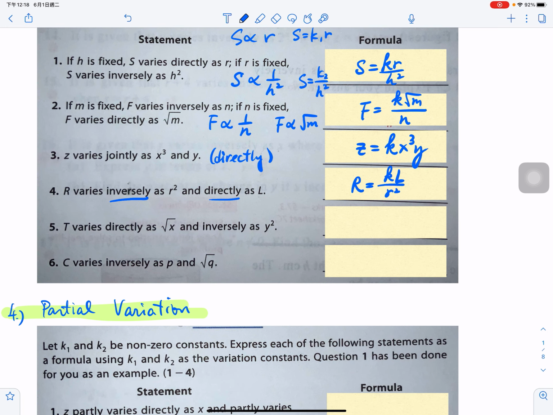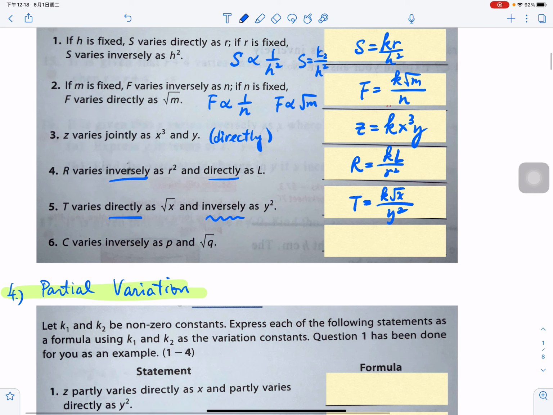Okay? How about number 5? T varies directly as x squared and inversely as y squared. So T equals k square root x over y squared. Okay? Last one. C varies inversely as p and square root q.